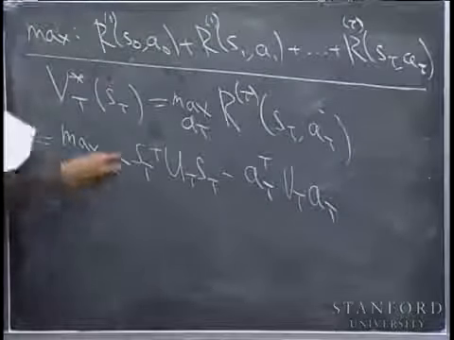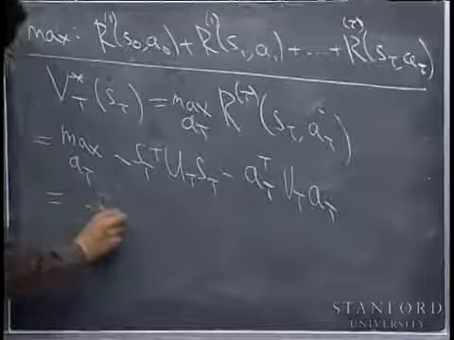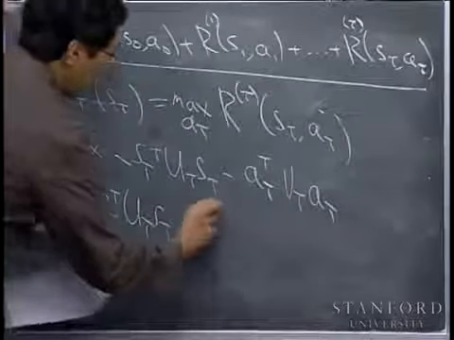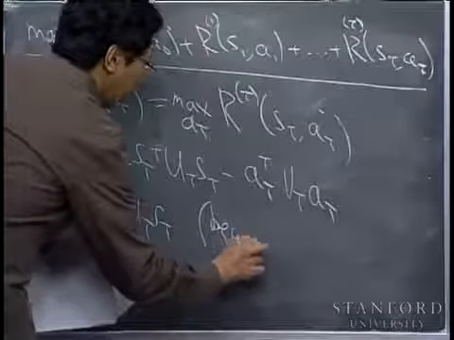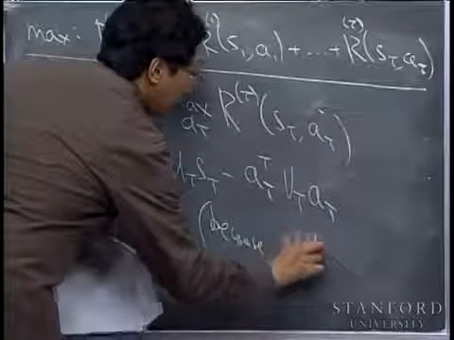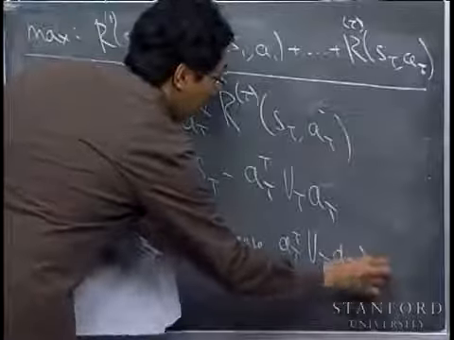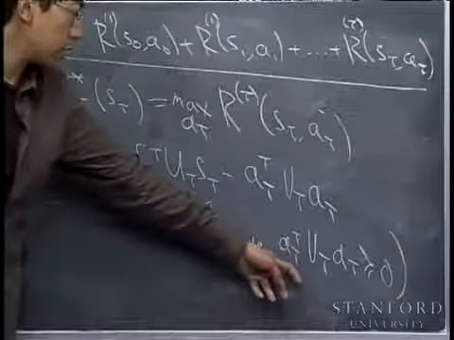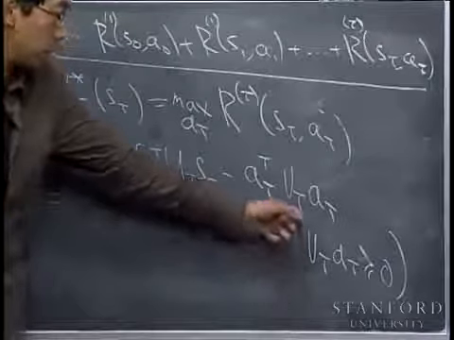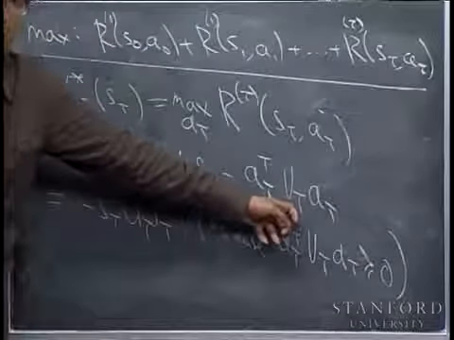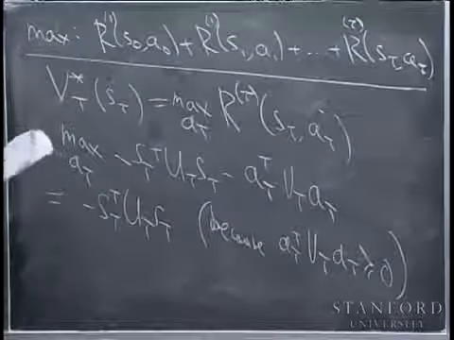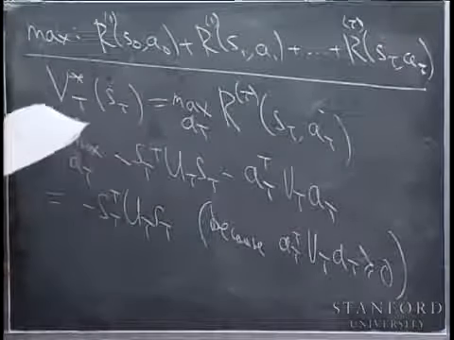And so this is clearly maximized at minus s_T transpose U_T s_T, because that last term is greater than or equal to 0, given my assumption that V_T is positive semi-definite. And so the best action to take at the last time step is just the action 0.